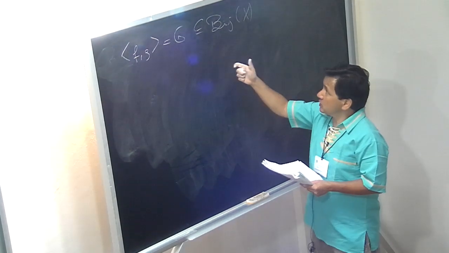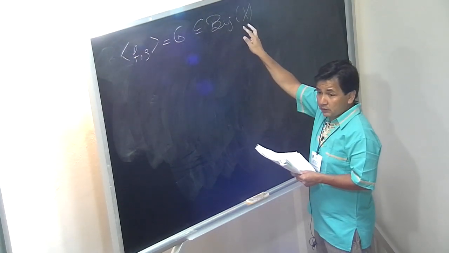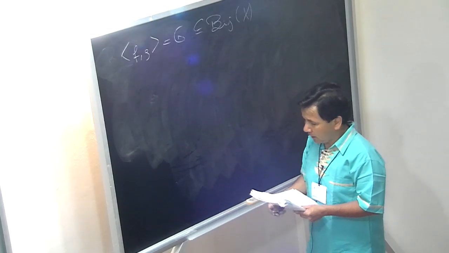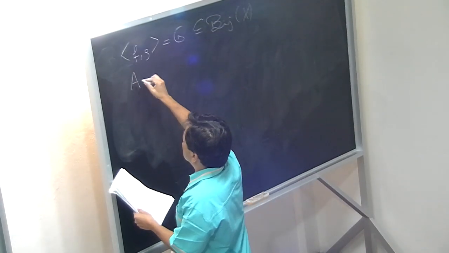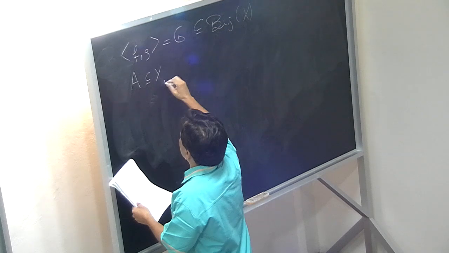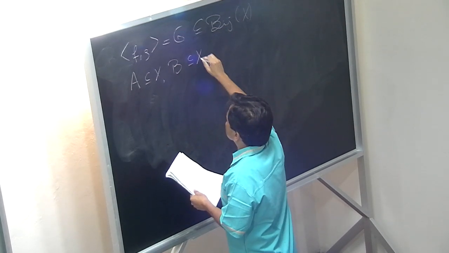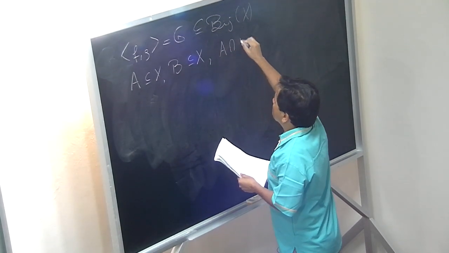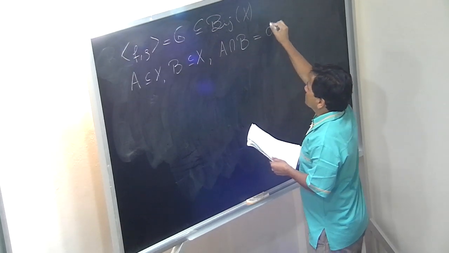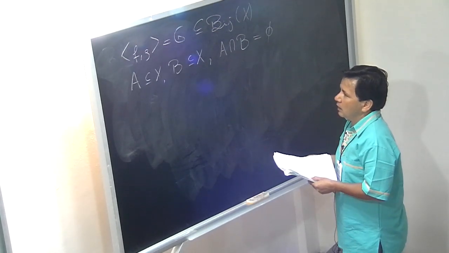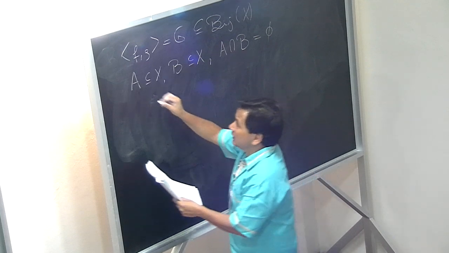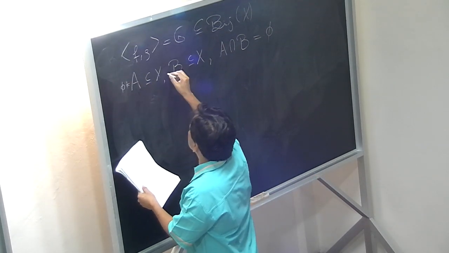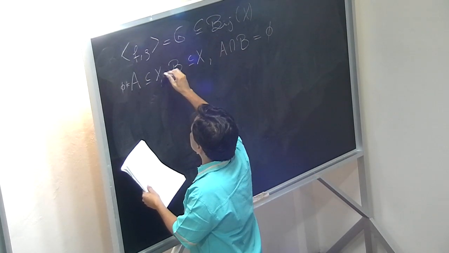Just f and g are bijections of some set X, and you suppose that A and B are subsets of X which are disjoint and non-empty.